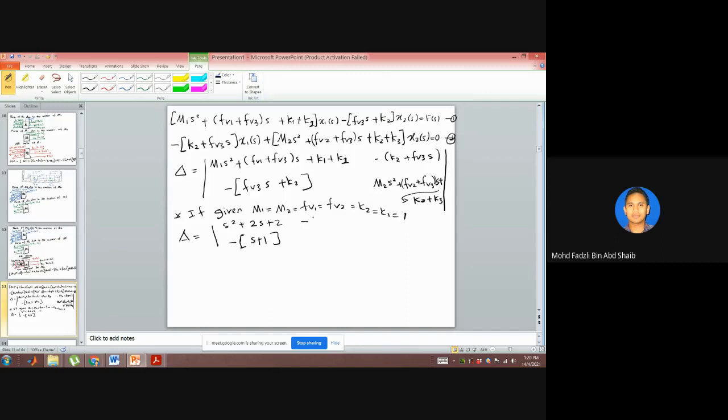Another one is minus 1 plus S. This one S square plus 2S plus 2, right? Okay. So this one I just make simplification, which is S to the power 4 plus 6S cubed plus 7S square plus 6S plus 3. Okay, this is determinant, yeah?